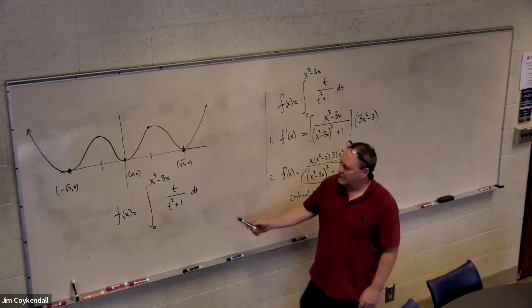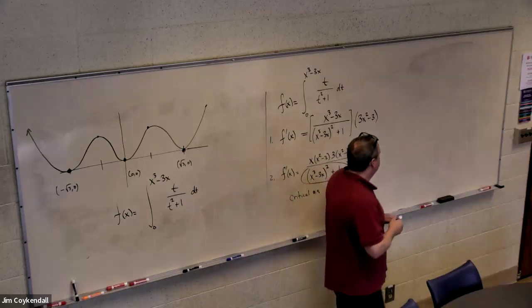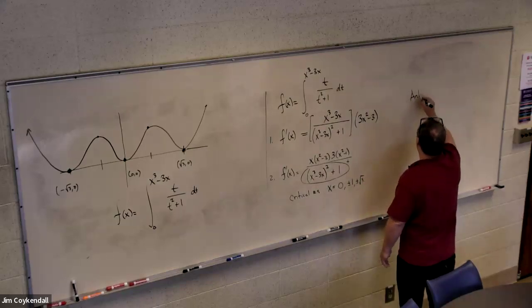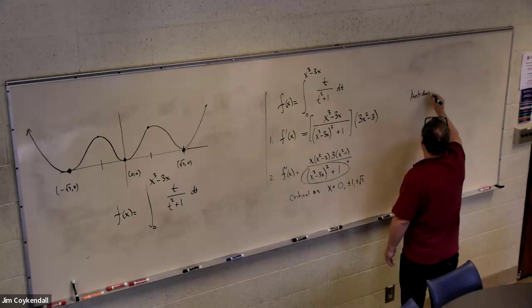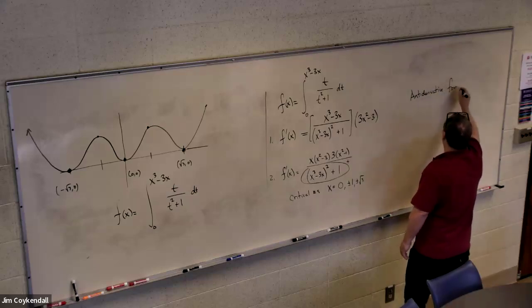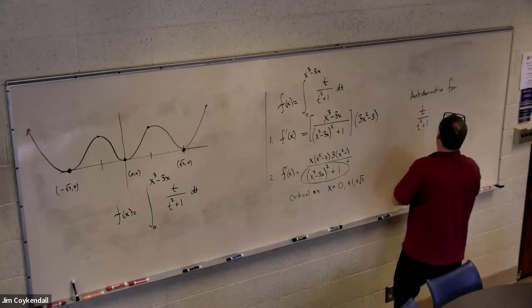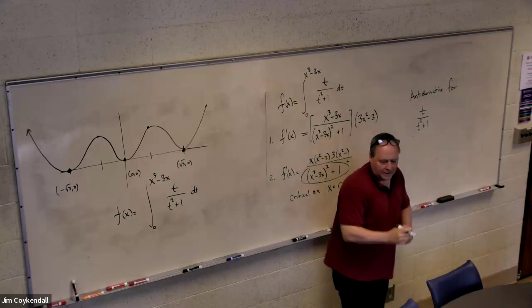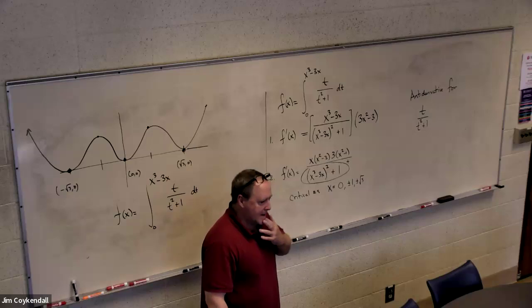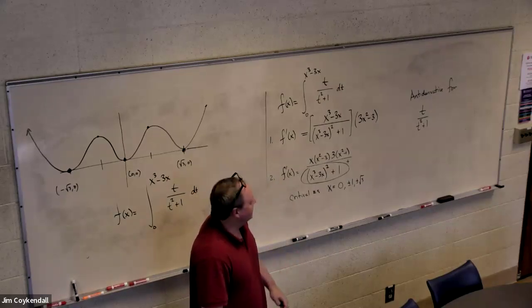Let's just evaluate this, figure out what it is. The first question is, anybody have an antiderivative? That's a good guess, but probably not, because the product rule doesn't work out very well.